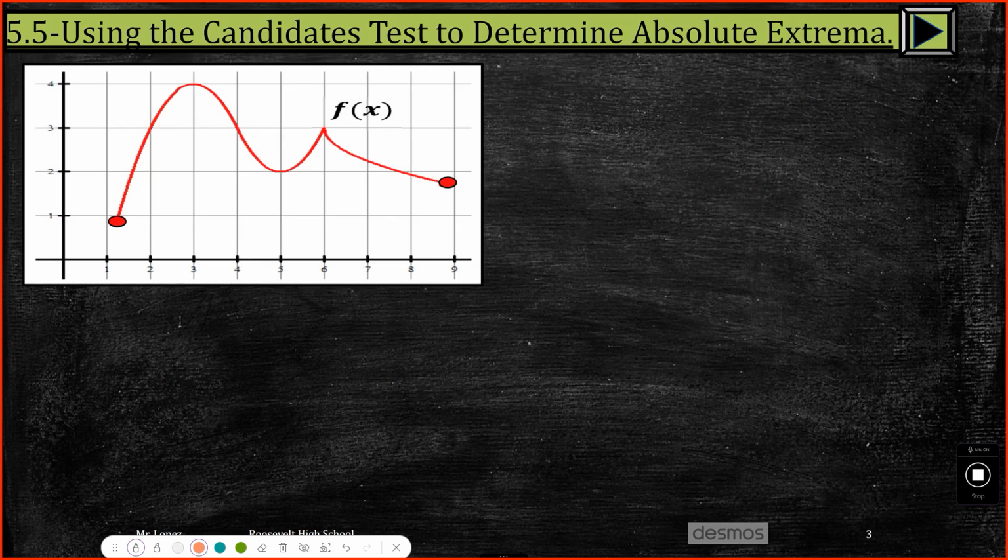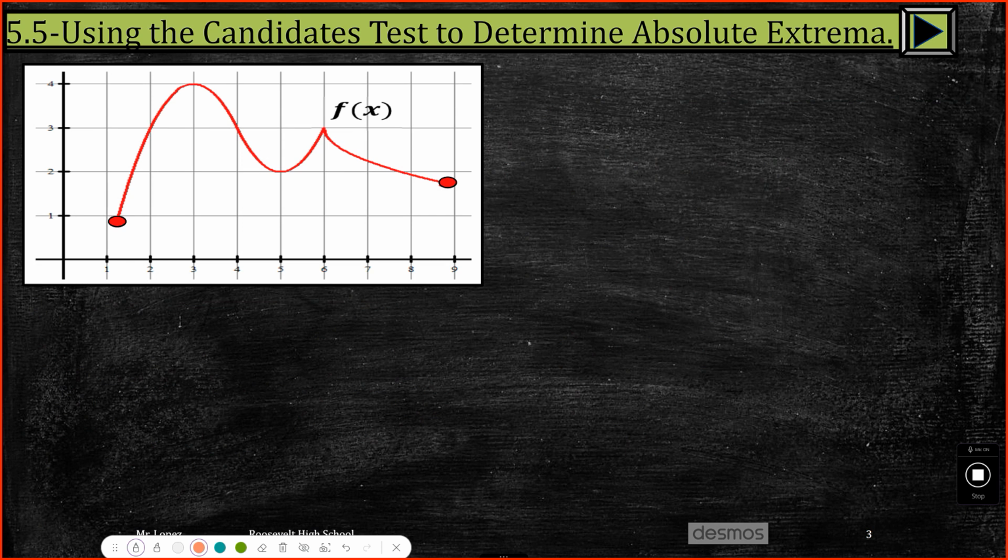All right, lesson 5.5, using the candidates test to determine absolute extrema. So you got some function that is closed. If you got some f function that is closed at the endpoints, what are the candidates?